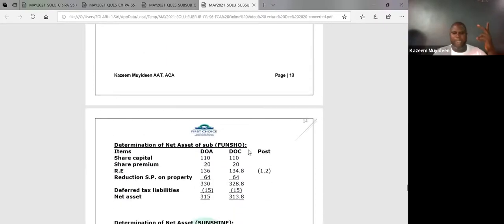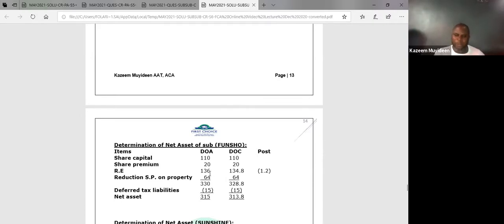What does he call the net asset? 330. I will pick the share capital, share premium and retained earnings, 136. I will sum these three together and take it from the 330, the balancing figure. What is responsible for the difference? 64. Revaluation surplus on property, 64.